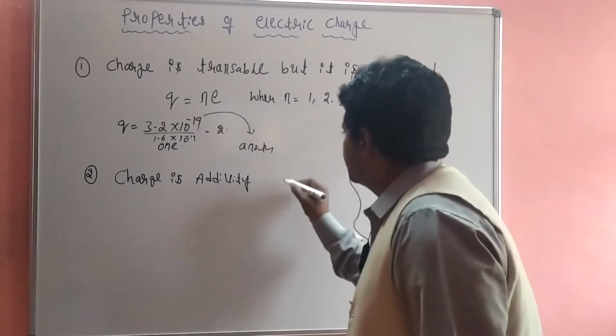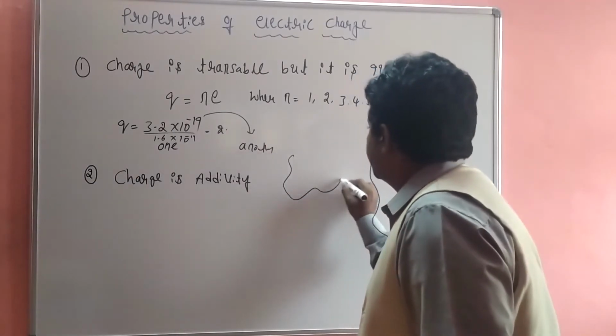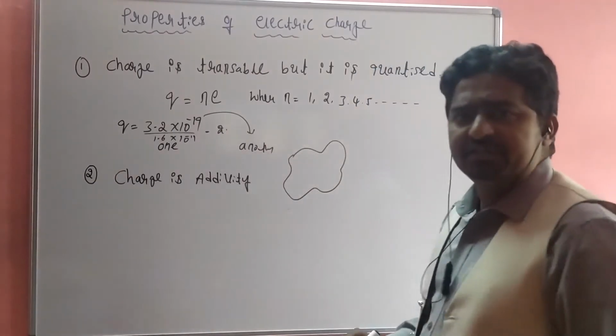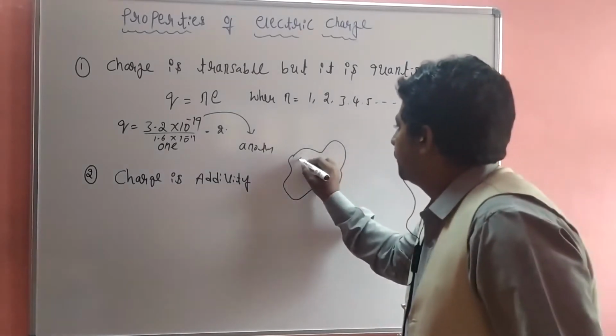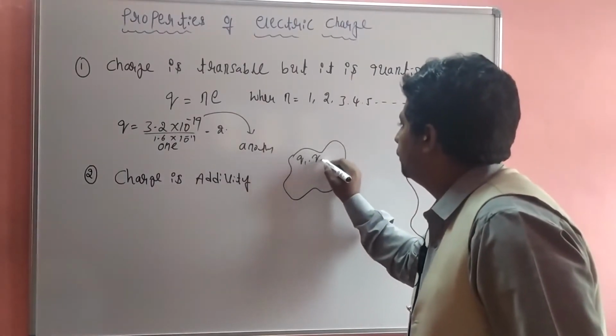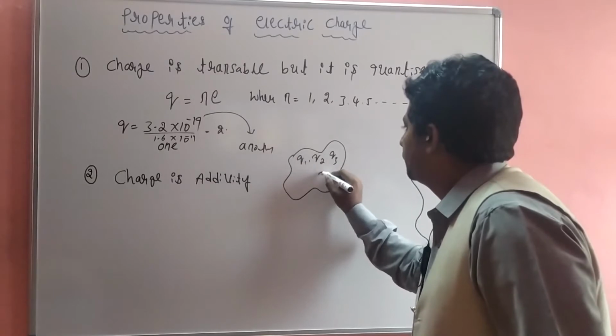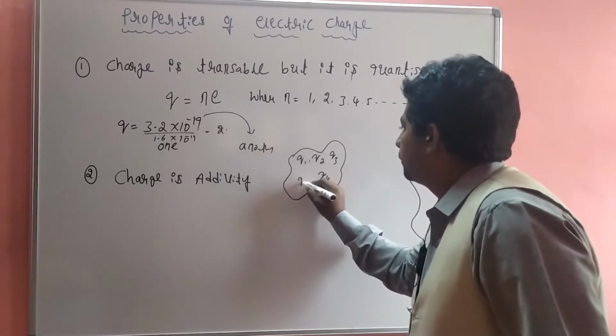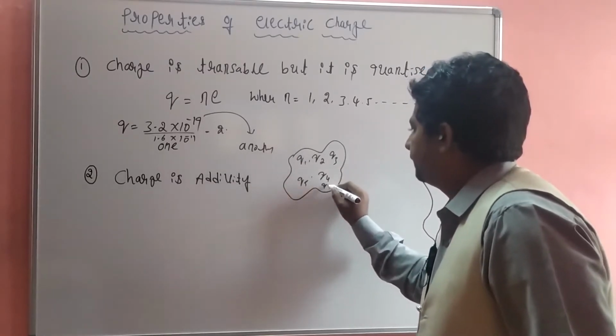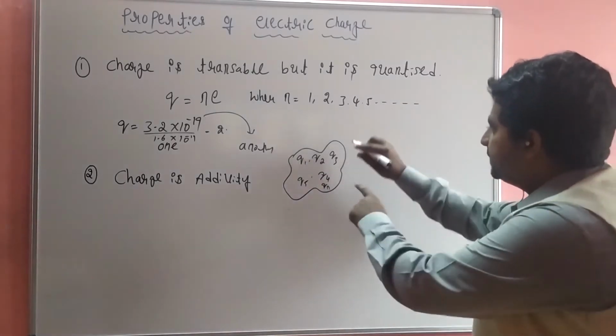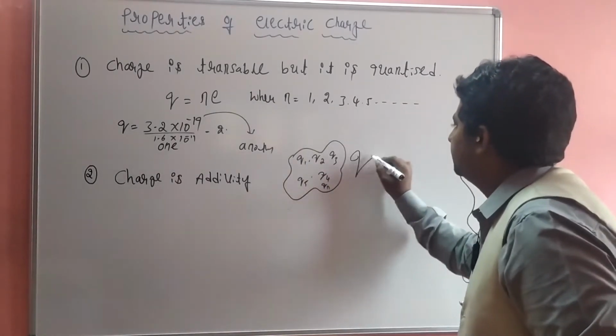Let's see. This is the system, consisting of Q1, Q2, Q3, Q4, Q5 up to Qn. What is the total charge on this system?